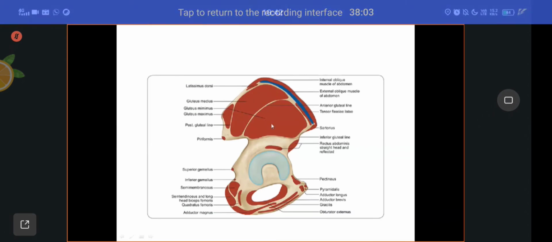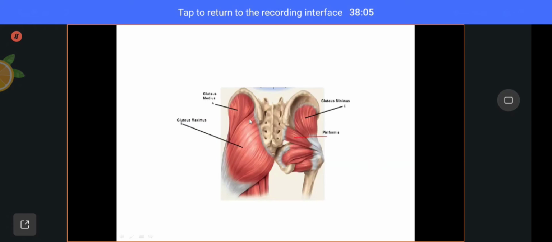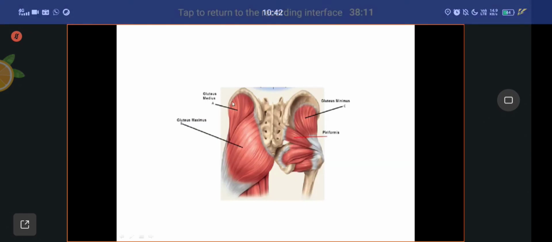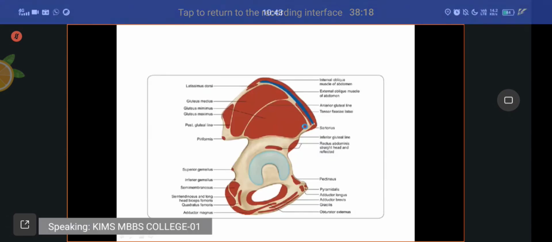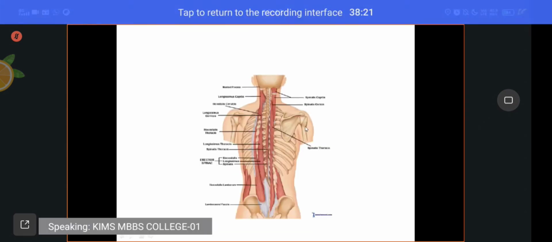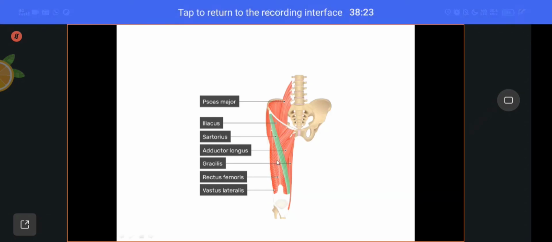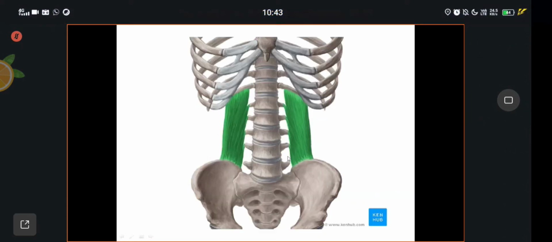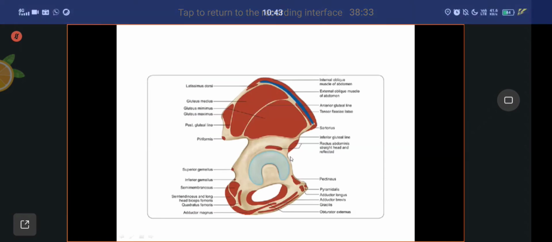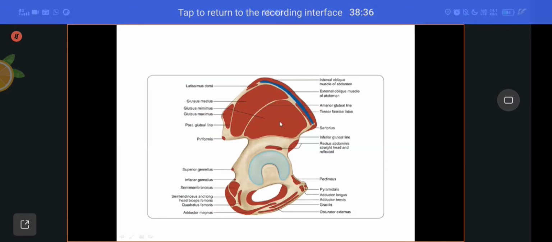You can see these muscles in the diagram. If you cut the gluteus maximus and gluteus medius muscles, then you get the gluteus minimus muscle. And in the anterior compartment region, you find the rectus femoris muscle. So this is all about the muscles which are getting their origin from the gluteal region of the ilium.